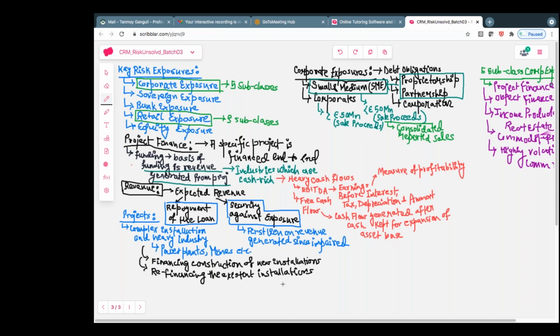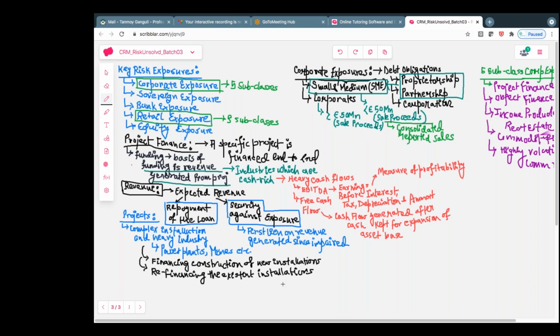Whenever I'm trying to assess an exposure, the way I look at it is how exactly this product is structured. Then we see what the key basis is on which the loans are sanctioned. One of the key factors is the revenue generated from the project, the revenue generation of the project, which is very important over here.